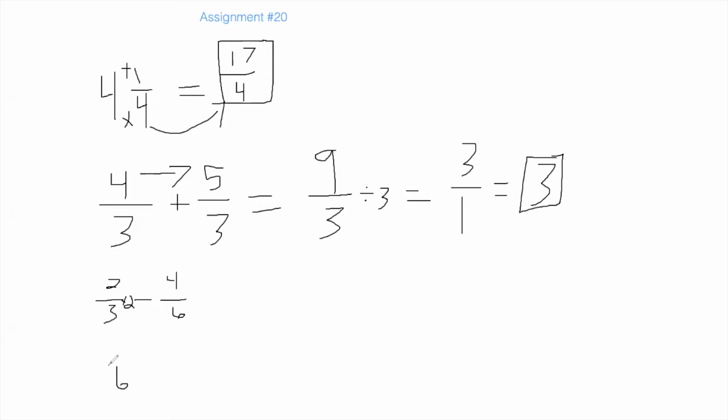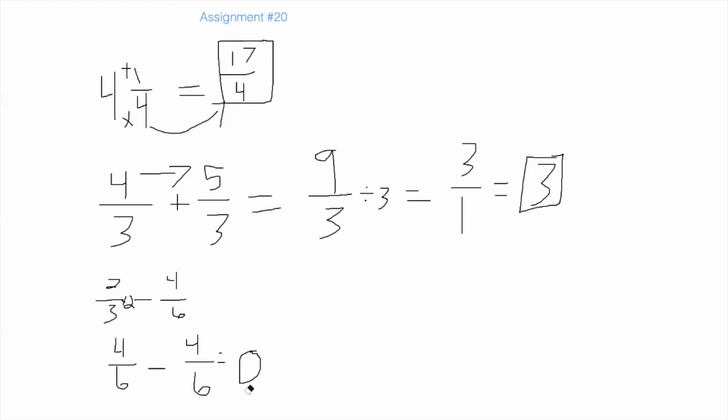So it'll be 6, and the top number is 2 times 2, which is 4. So 4 over 6 minus 4 over 6. So now this will be 0, because that is the same exact number. So 0.